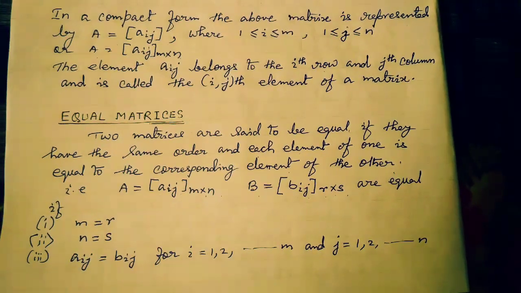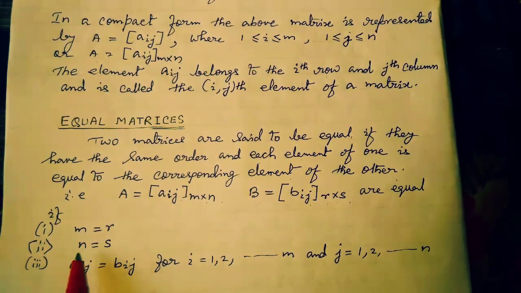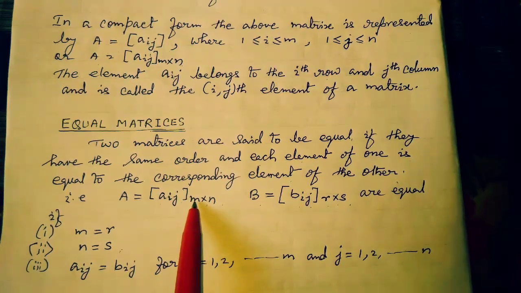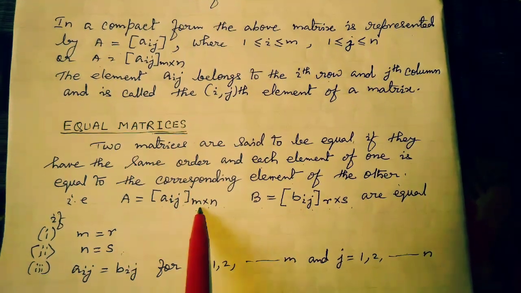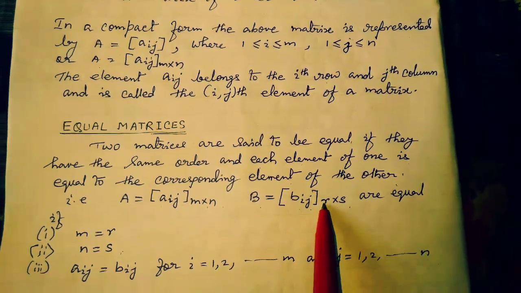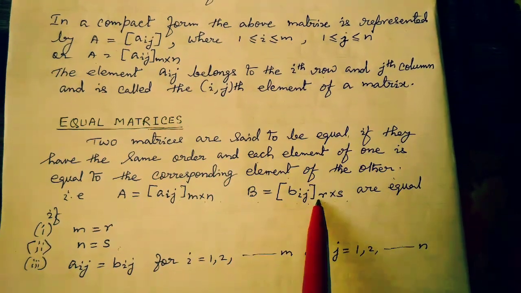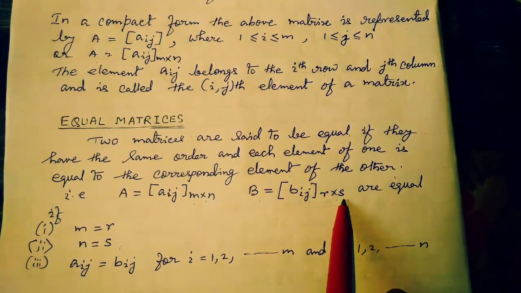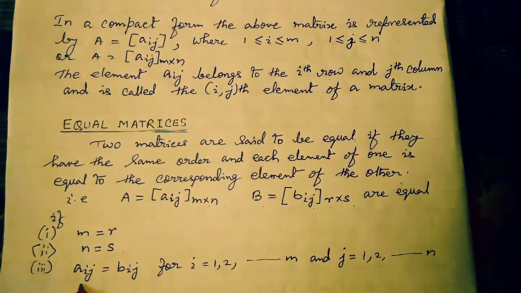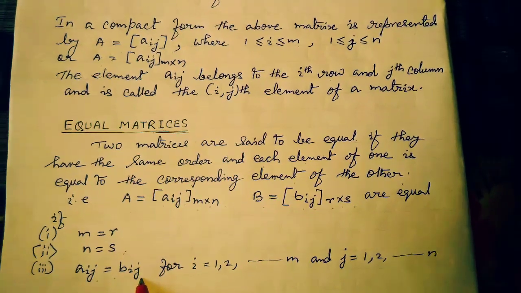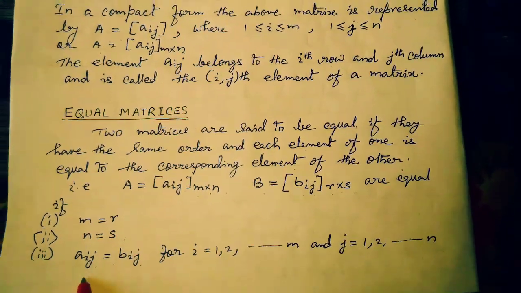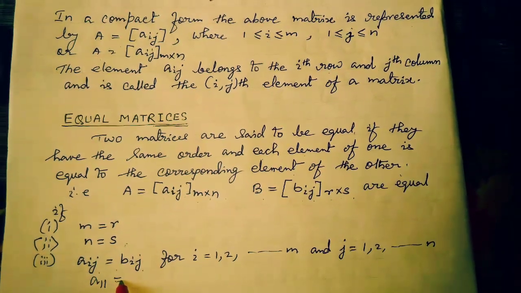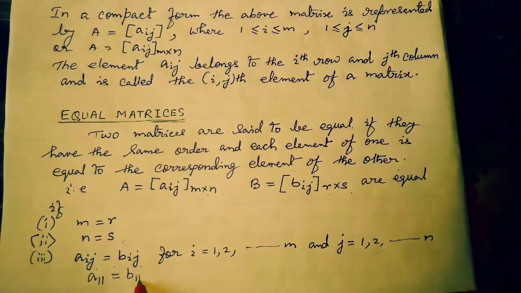These two are equal only if the value of m equals r, and the value of n equals s. That means the rows of matrix A and the rows of matrix B are equal, the columns of matrix A and the columns of matrix B are also equal, and it is also given Aij equals Bij. Suppose the first element A11 of A and B11 of B will be the same.